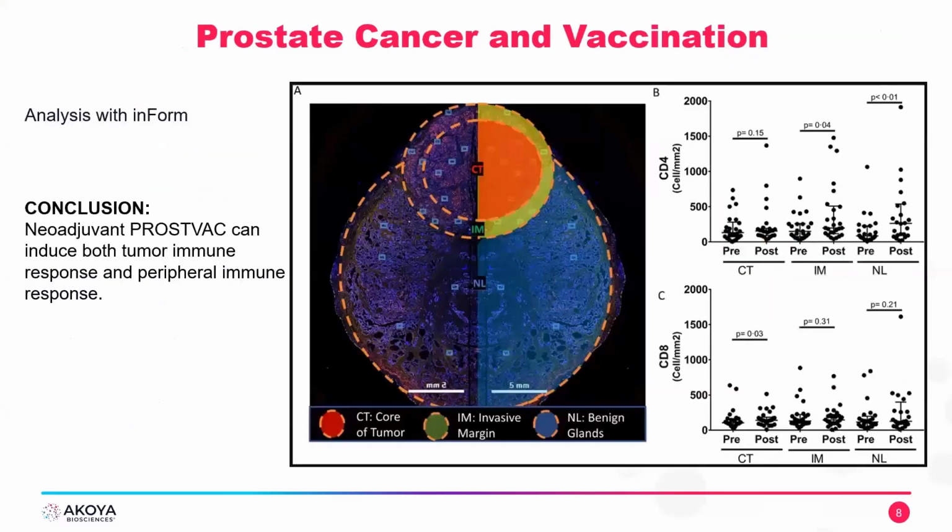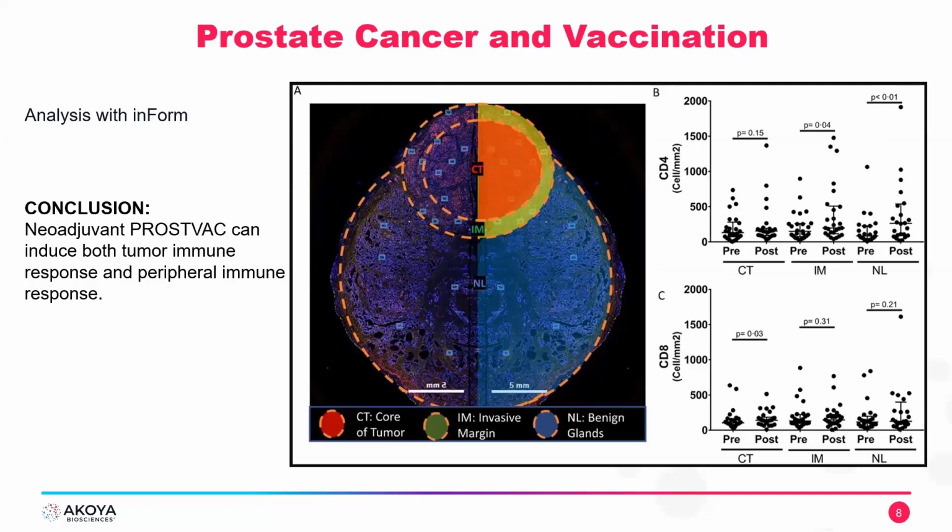So here you see that they could scan the whole tissue section. They could annotate the core of the tumor, the invasive margin, and also the benign glands here. And what they found out after vaccination was that they got a slight increase in CD4 cells, especially in the invasive margin, but also they saw increase of CD8 cells in the benign glands.